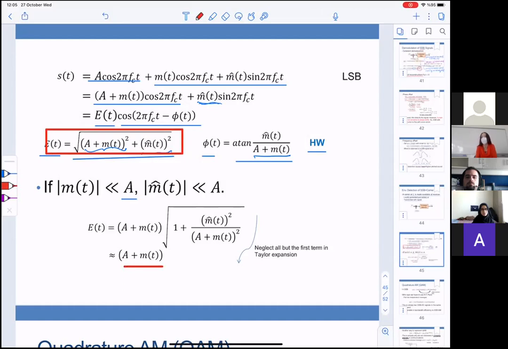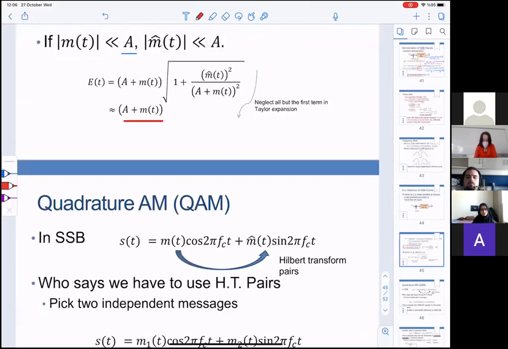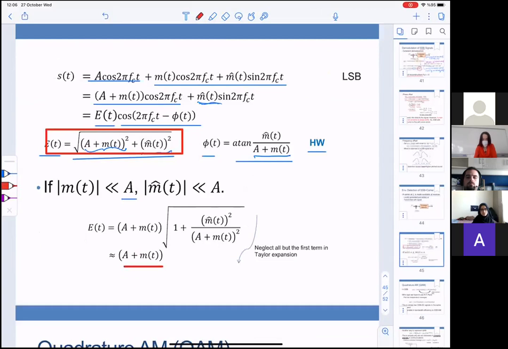This is provided that the carrier is large enough, which also puts an upper limit on the power efficiency. So what did we achieve?